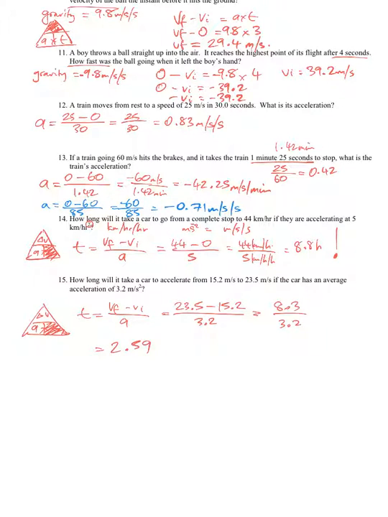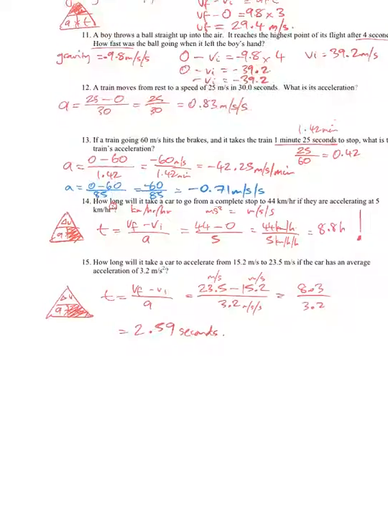Now let's review what these units were. This was in meters per second, 3.2 meters per second squared, so we're all in meters per second and seconds, so it's 2.59 seconds to accelerate from 15.2 to 23.5. So just checking if there's any further questions. No, that sheet's done.